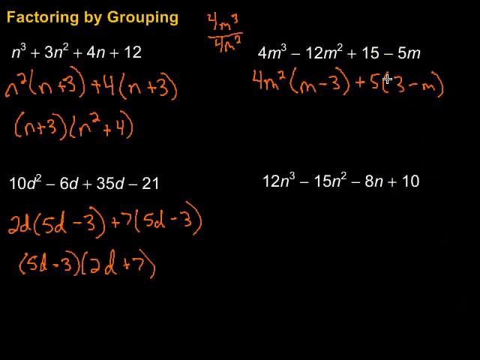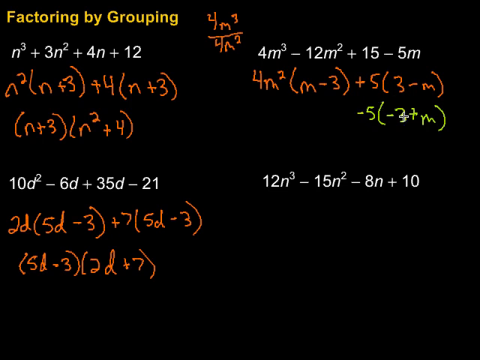Well, what if I would take out a negative 5 rather than a positive 5? Let's see. If I take out a negative 5, then I would have 15 divided by negative 5, which would be minus 3. And I would have negative 5m divided by negative 5 would be plus m.